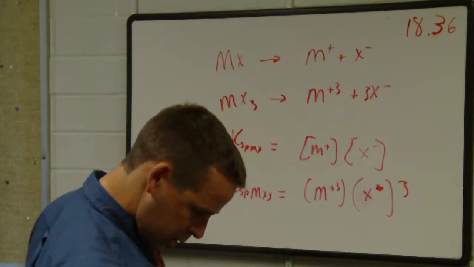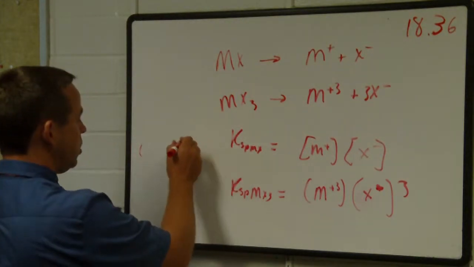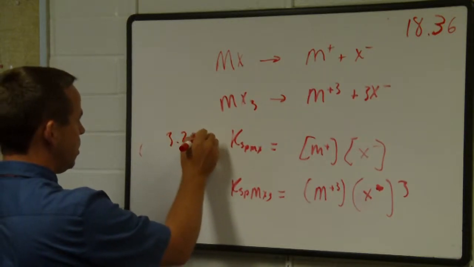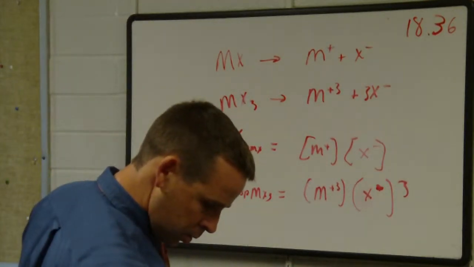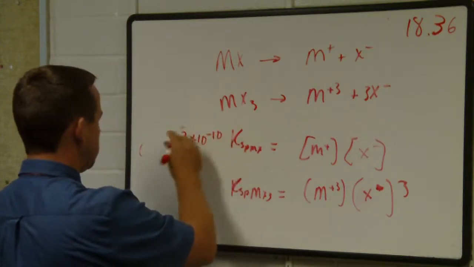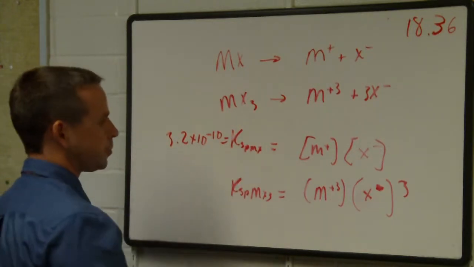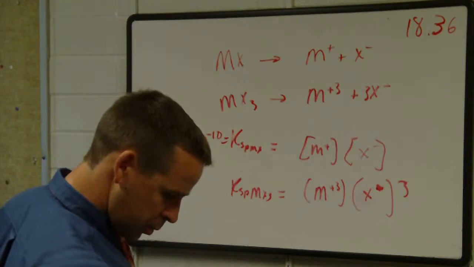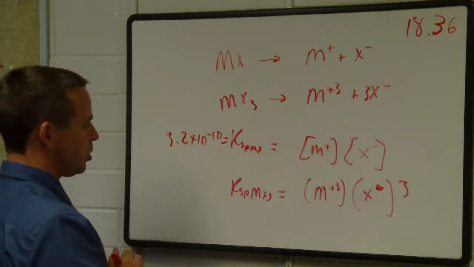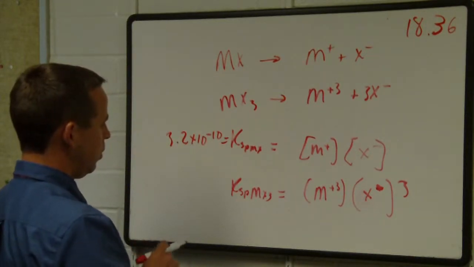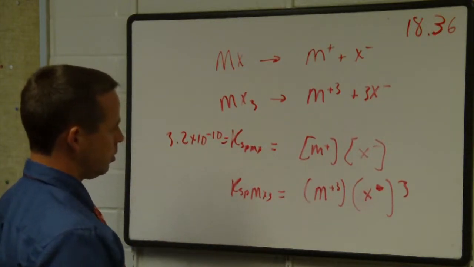So we know that the KSP for this one is 3.2 times 10 to the minus 10. And we want to say if they have the same molar solubilities, then what will the KSP of this one be?